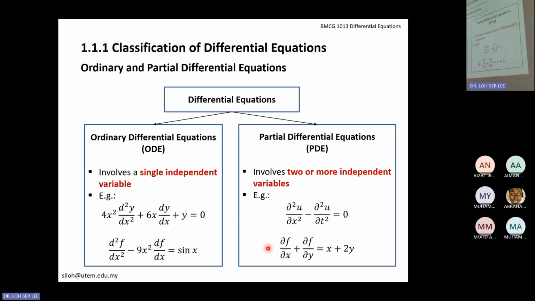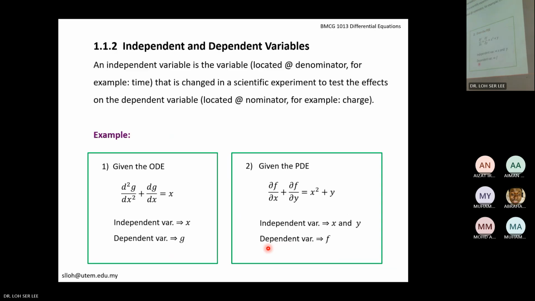To tell ODE from PDE, we just look at the number of independent variables. Independent variable means the variable at the bottom. Dependent variable means the variable at the top. The independent variable is the variable located at the denominator, at the bottom.